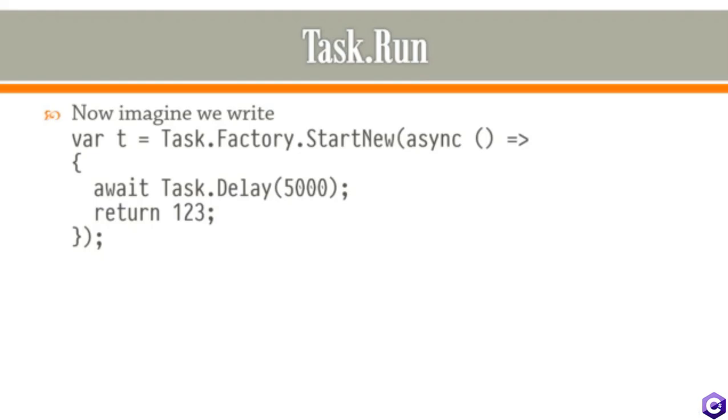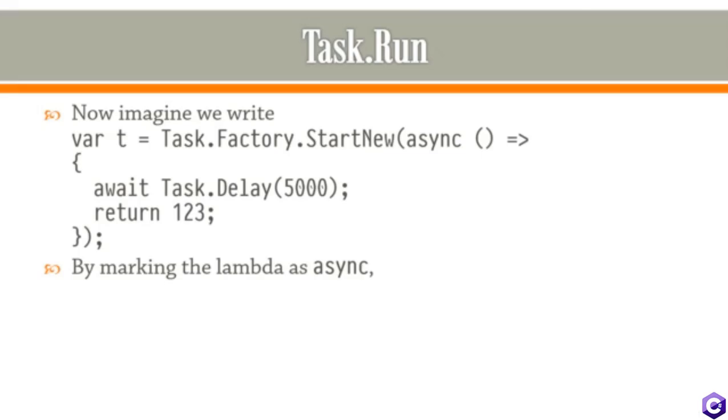So interestingly enough, even though this lambda looks like it's returning an integer 123, its return type is going to be Task of int, and as a result, the type of t is going to be Task and Task of int, because guess what? We marked the lambda as async, and as a result, its return value, even though it's just an int, gets promoted or wrapped into a Task of int.